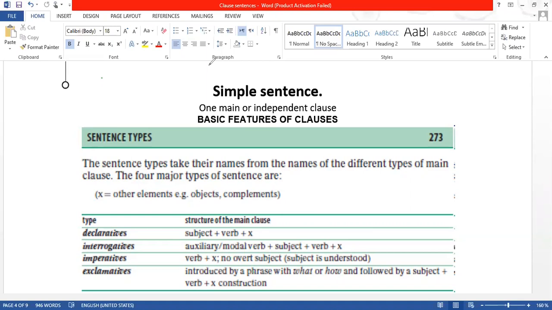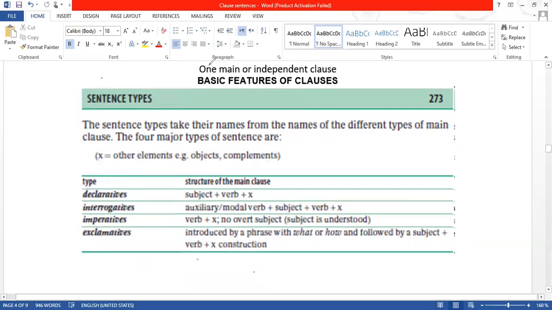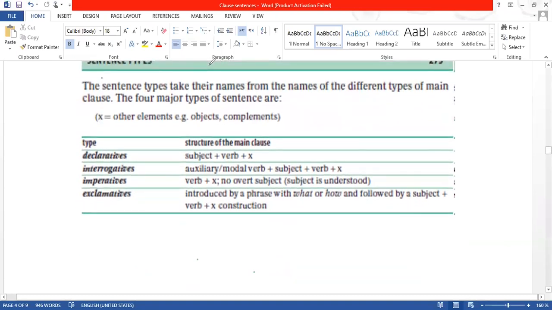Then exclamatory sentences start with how or what, like what a shot, or what a dress. What a dress means what a dress it is, but we don't say the whole thing. We just say what a dress or what a shot. You already know exclamatory sentences.